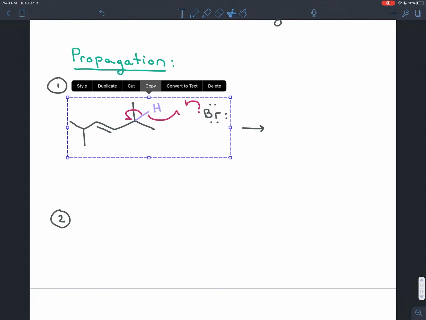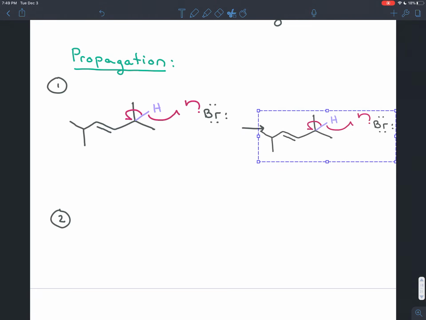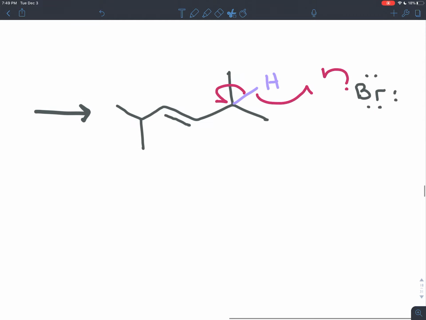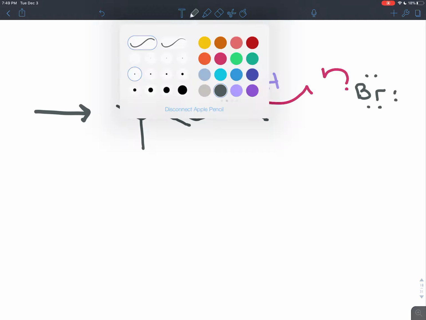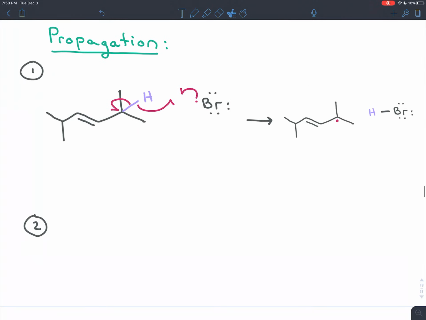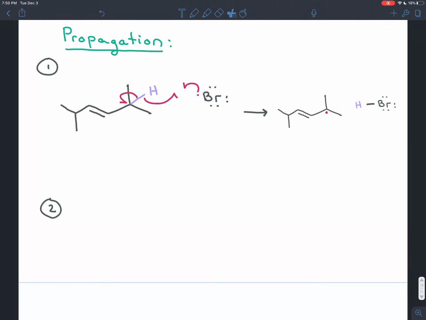What we end up with is this bond breaks. One of the electrons goes onto the tertiary and allylic carbon, and the hydrogen donates 1 electron, the bromine donates 1 electron. You create a bond between the bromine and the hydrogen. So that's our first propagation step.